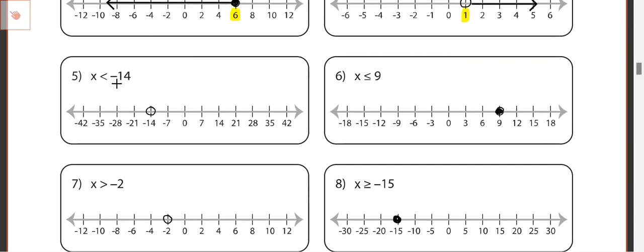We've got less than negative 14, so less than means left. X must be less than or equal to 9, so start at 9, left. X must be greater than negative 2, so right. X must be greater than negative 15, so right.